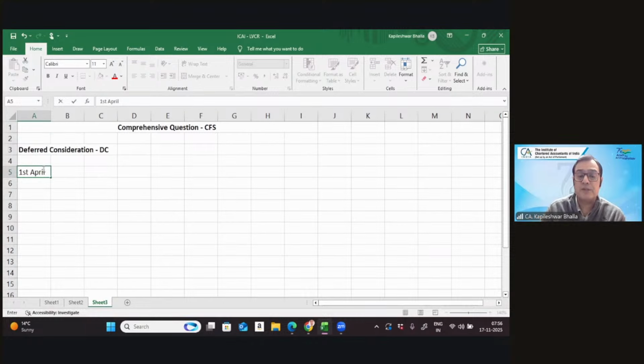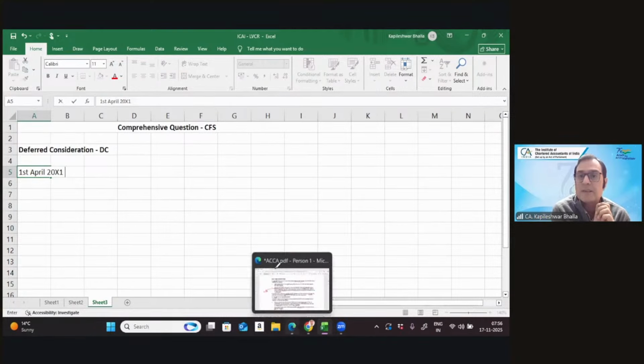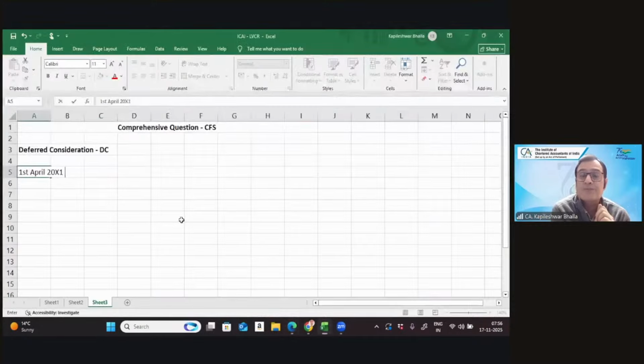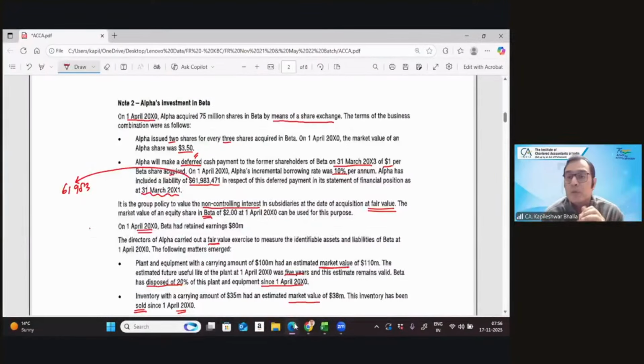The acquisition date was 1st April X0 in this case. So if I calculate the amount of DC, it says that we are supposed to make a payment of $1 per share acquired. Now it says in note number 2 that we've acquired a total of 75 million shares.